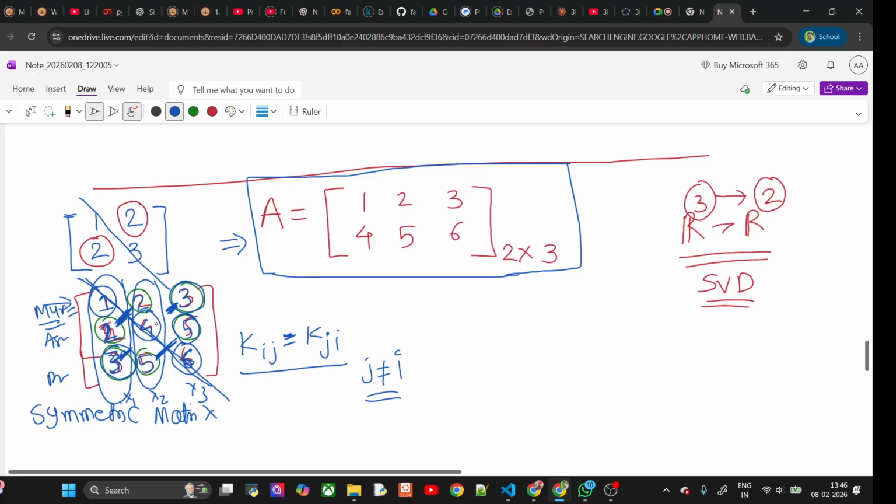Whatever d value it has, the cube of this is your time complexity, so it is that much time consuming. Eigenvector and eigenvalue calculation is very time consuming because of its time complexity d cubed, and you don't want to do these kinds of calculations where d is huge compared to n. So we have to find some solution.